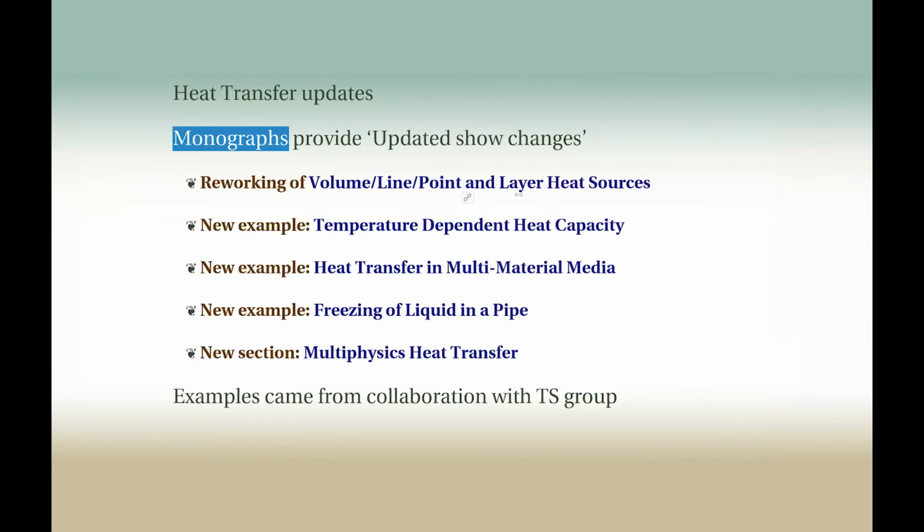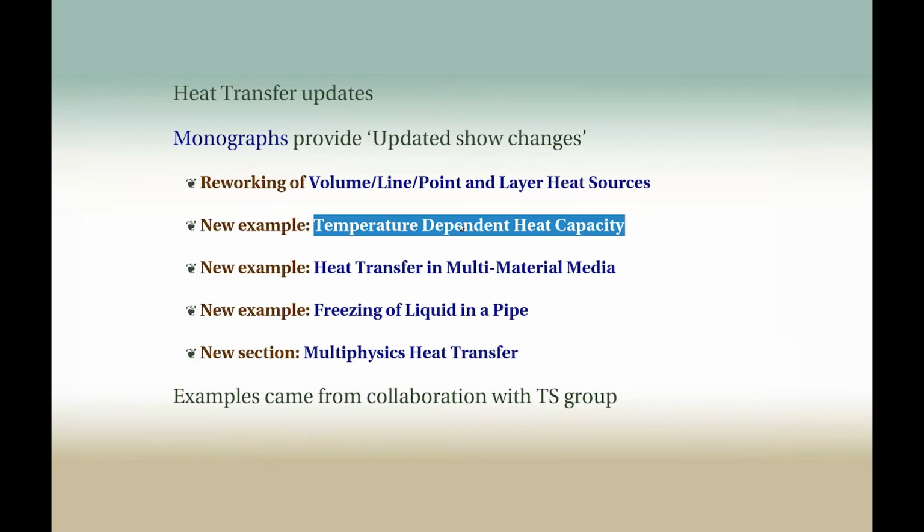Okay, so what have we done? So we've reworked how volume, line, and point and layer heat sources work. We've added a new example for a temperature-dependent heat capacity. So that's new. I mean, it's a nonlinear example, and if you click on these, you'll get to the actual example in the documentation.